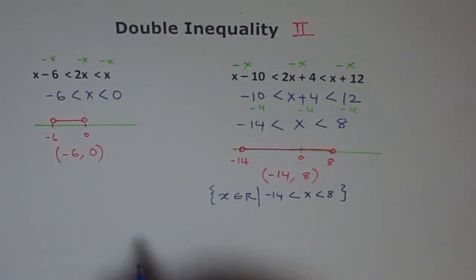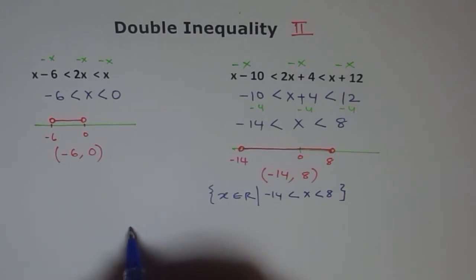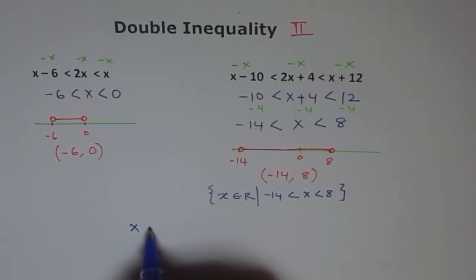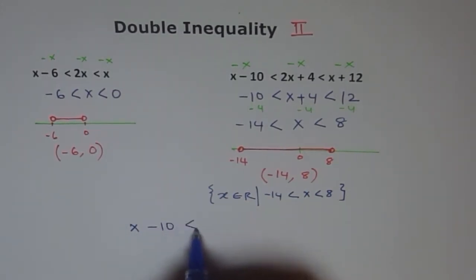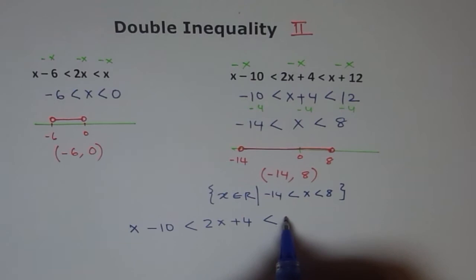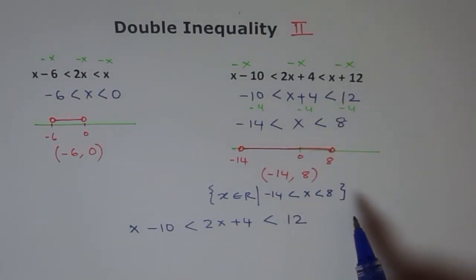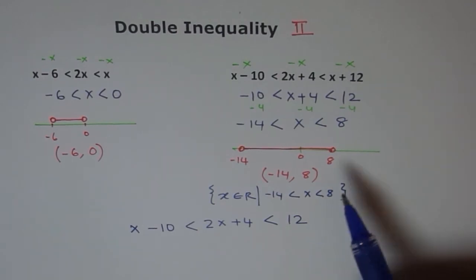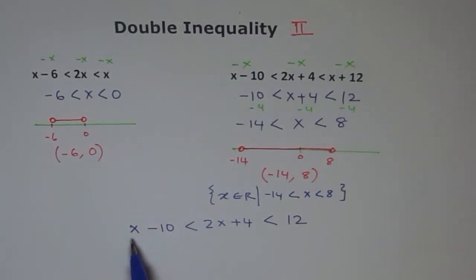For example, if I change my equation, that is, if I make this as x minus 10 is less than 2x plus 4 is less than, let's say, just the number 12, and I don't include this x. Then imagine if I take away x, I can get rid of this x, but no, here it doesn't make sense.